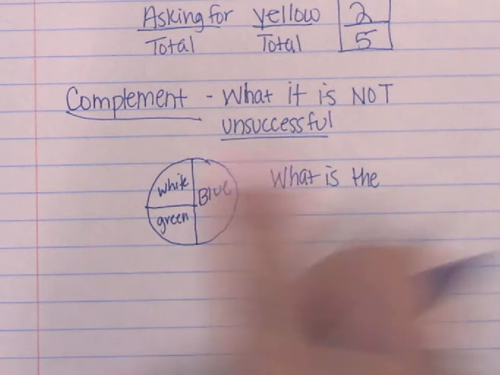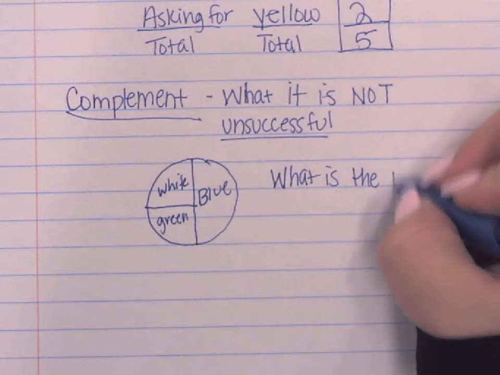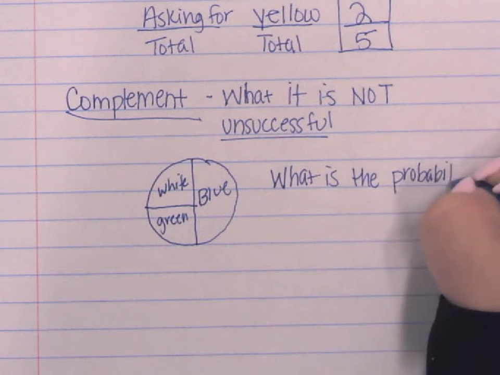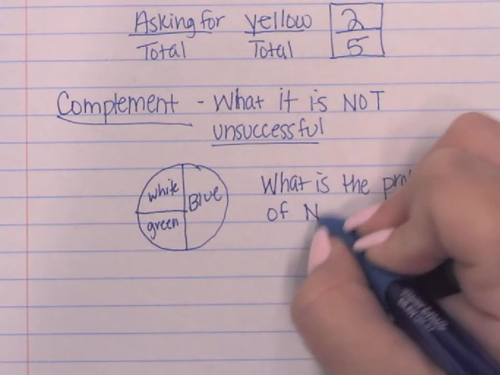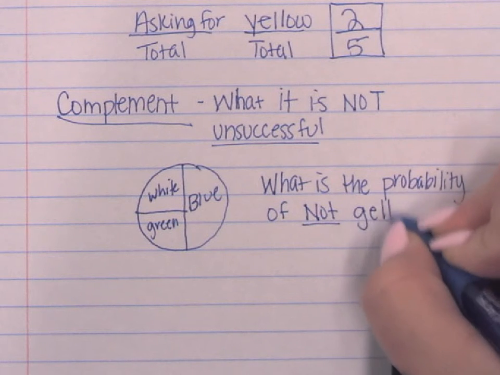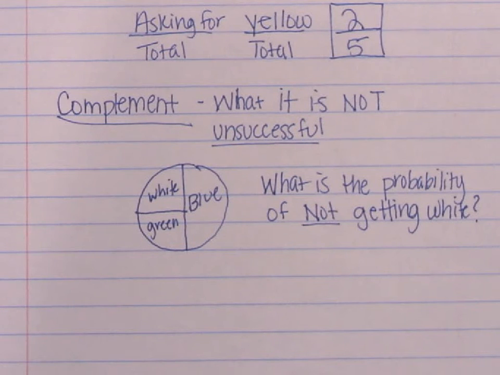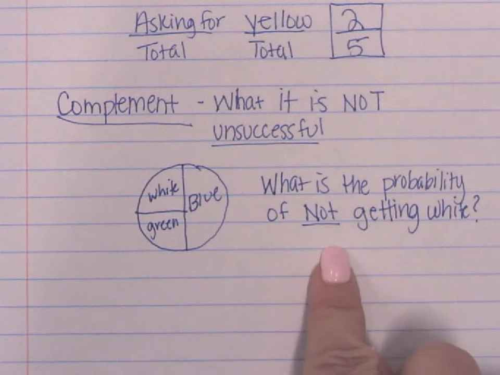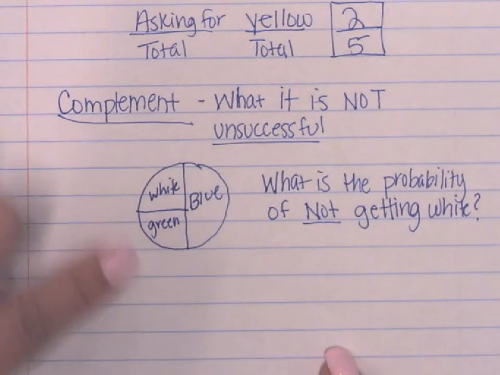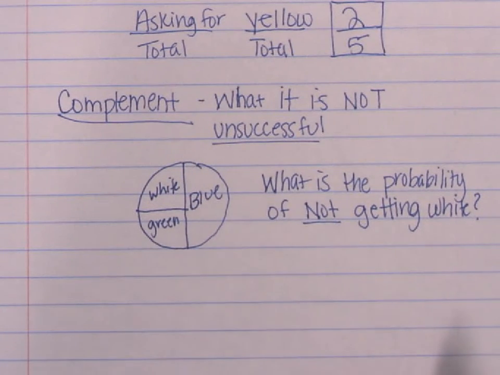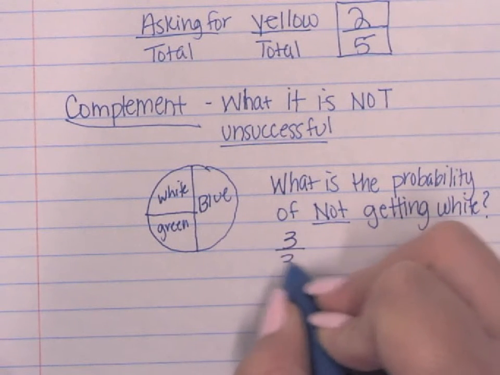Okay, so if I have a spinner with blue, green, and white, okay, what is the probability of not getting white? You can look at this one of 2 ways. The whole thing is 1. It's a whole number. Okay? Or there's 3 sections out of 3 sections, right?